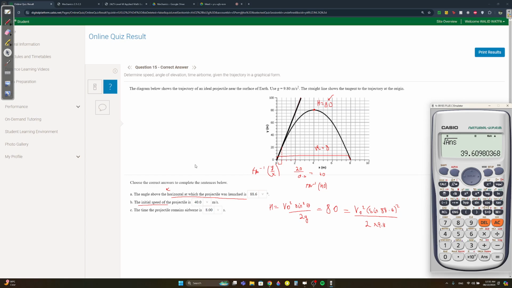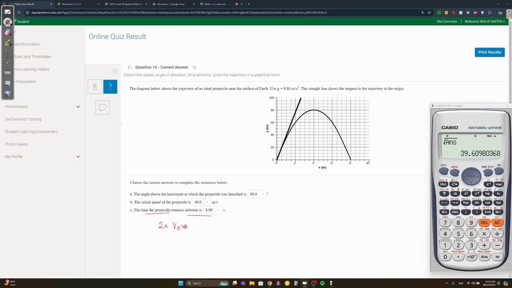Okay. The time the projectile remains airborne. The total time is always 2 times the time to go up, which is v naught sine theta over g. So it has its own equation, time total.